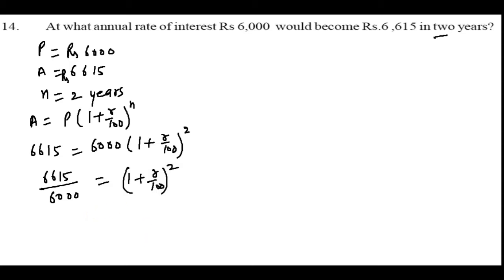So let us see what will happen. Now it will be cancelled with the help of 3. 3 twos are 6, 3 threes are 9, 3 twos are 6, and 3 fives are 15.